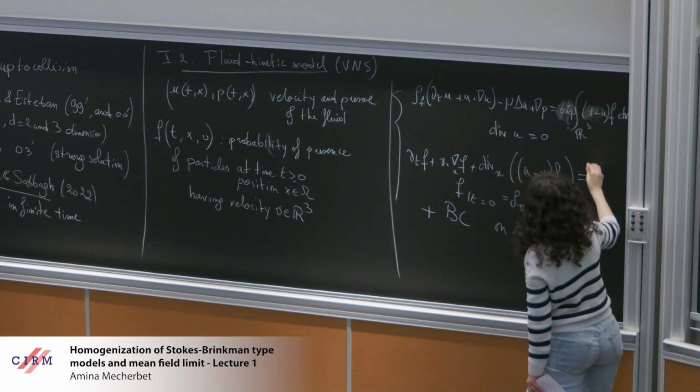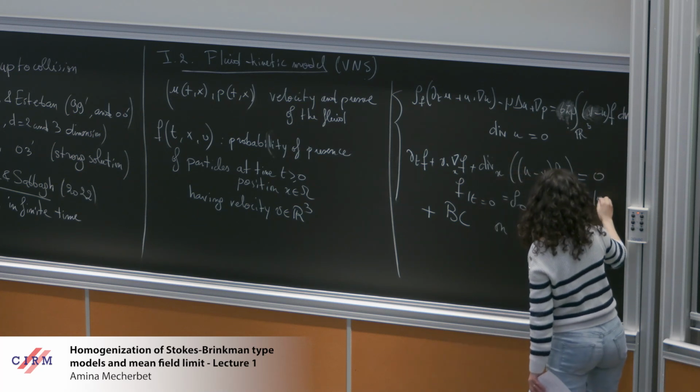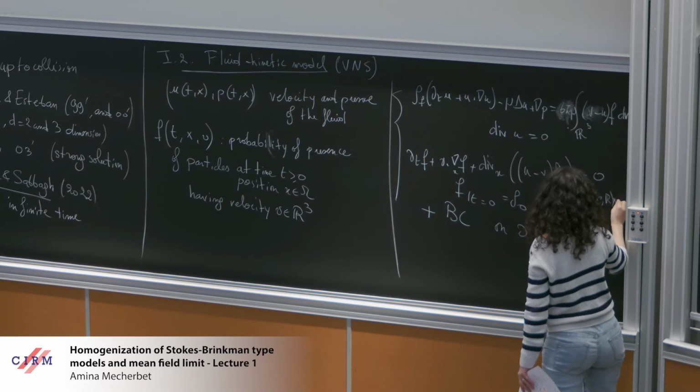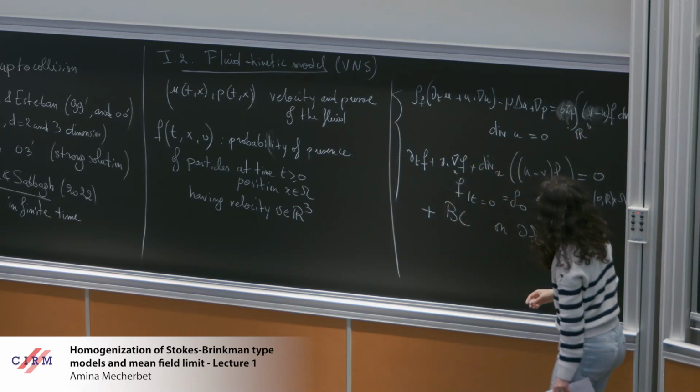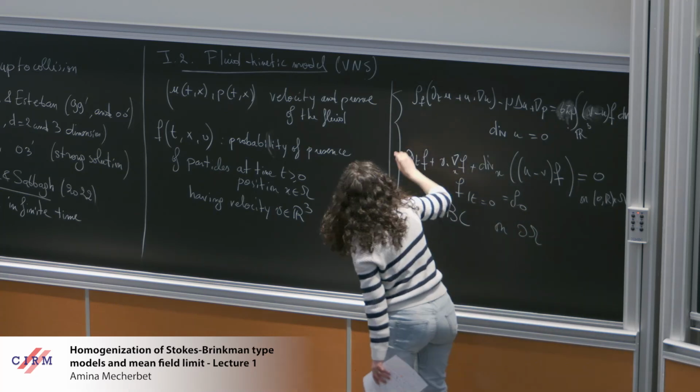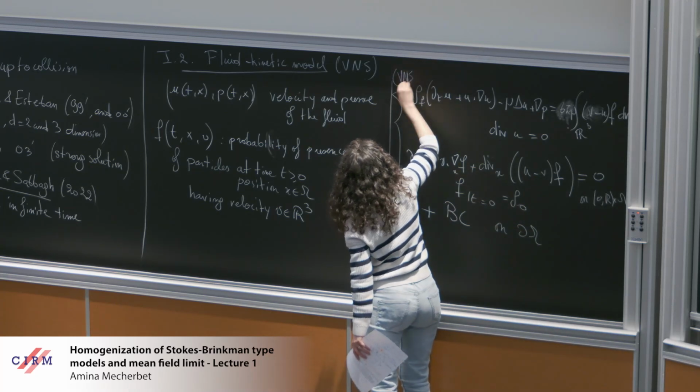This takes place in time cross Omega, and there is also a boundary condition for the velocity. I will call this the Vlasov-Navier-Stokes system.